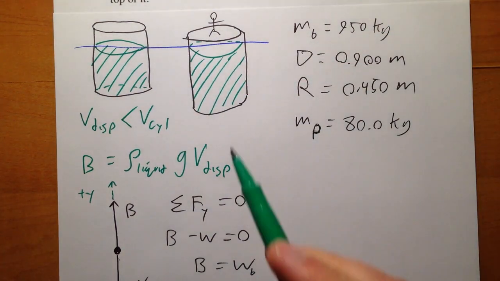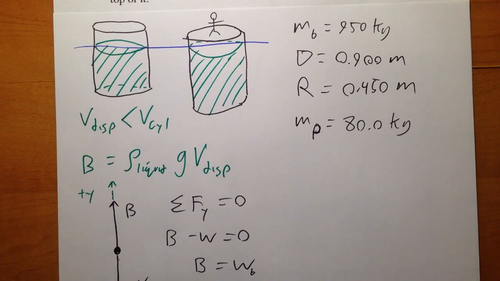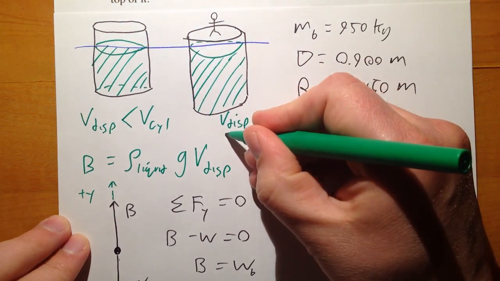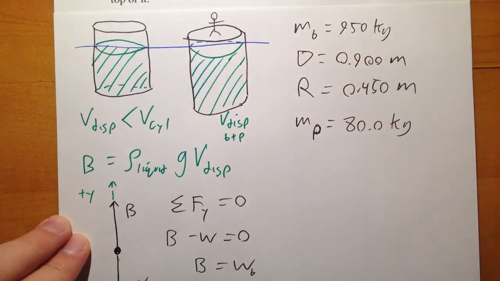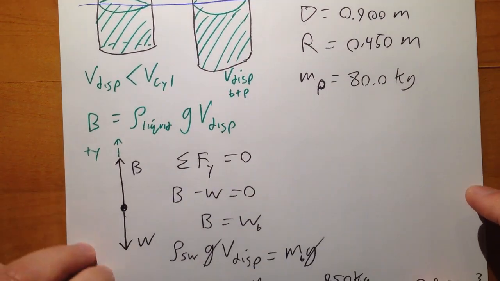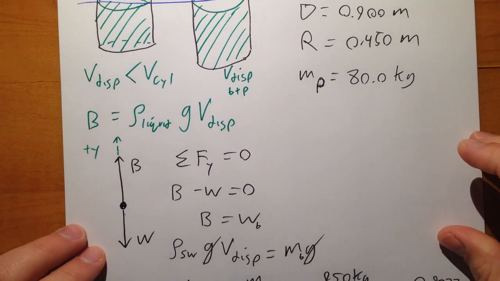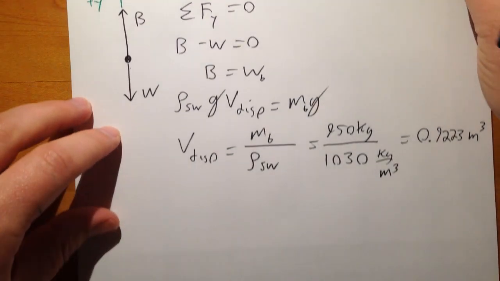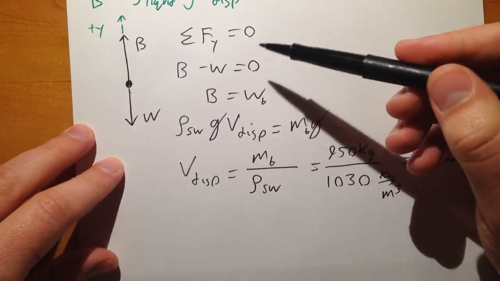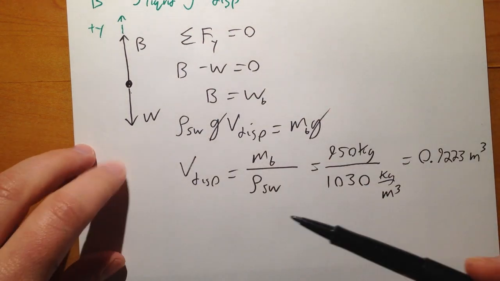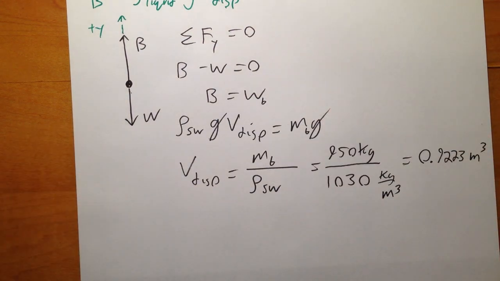Let's call that the volume displaced by buoy plus person. We can use the same formula we just figured out, because the framework will be exactly the same. We can still draw a free body diagram, with buoyant force up and weight down. It's just that now the weight down is going to be a little bit bigger, because we have to consider the weight of the person plus the weight of the buoy.